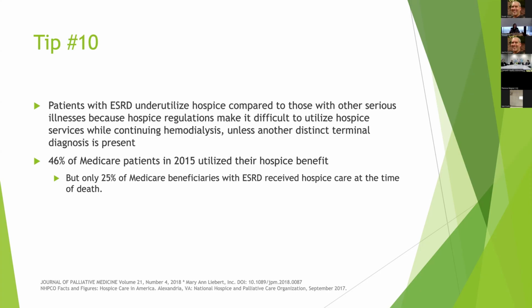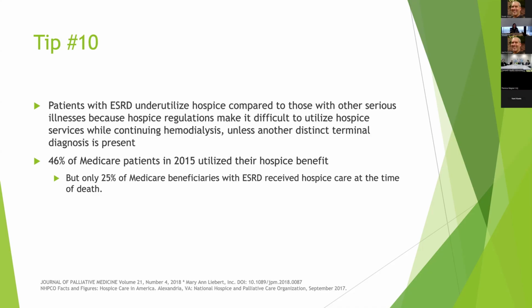All right, we're getting there. Tip 10, patients with end-stage renal disease underutilize hospice compared to those with other serious illness because hospice regulations make it difficult to utilize hospice services while continuing hemodialysis unless another distinct terminal diagnosis is present.